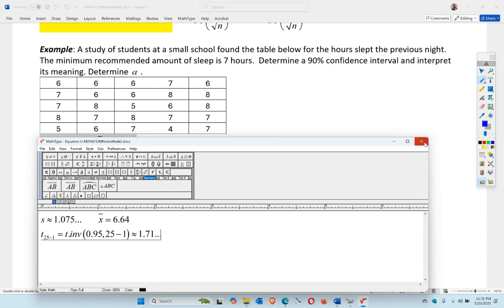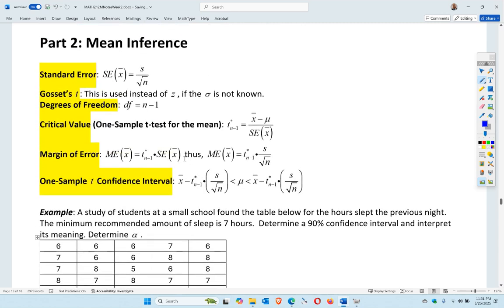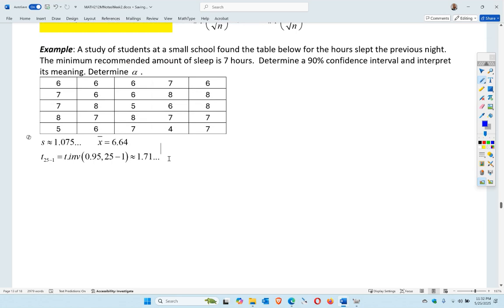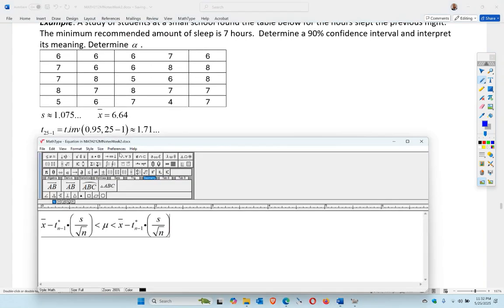Okay, so we want to do the confidence interval now. That's the first thing we needed to do that. So there it is. I'm going to copy that and go to there. Alright, so our sample was 6.64 minus 1.71 dot dot dot, and this was 25 samples, right?